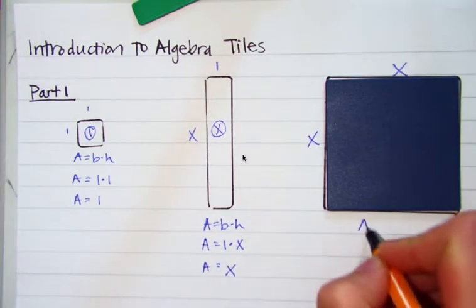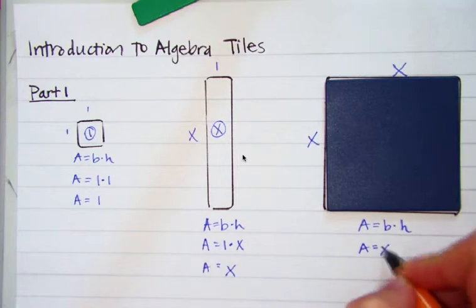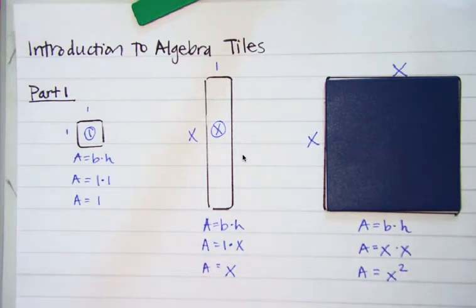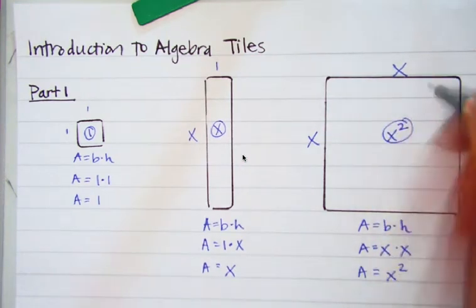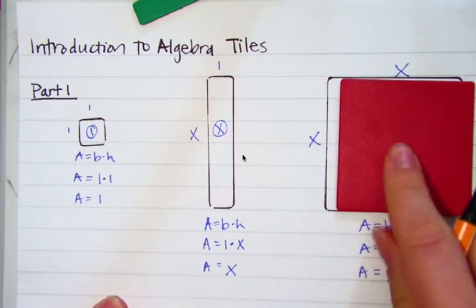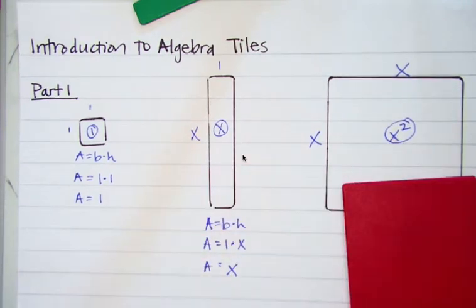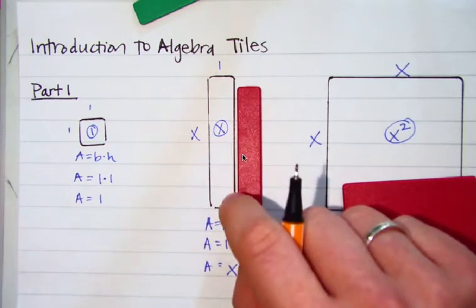So when I do area equals base times height, I can just say that my base is x, my height is x, therefore my area is x to the 2nd power. We will no longer call this the big square, we'll call this an x squared piece. Do not forget that if it's a negative, then you would just write a negative x squared here, just like you would here. If this is red, that means it's a negative x, and if this is red, it's a negative 1.